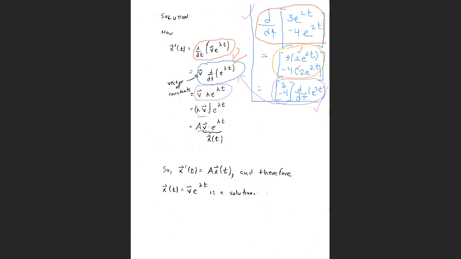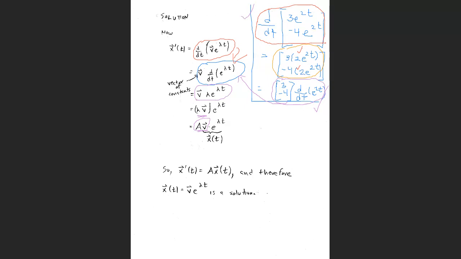Solomon was asking that. Why can I substitute A times v there? I just replace lambda v with the matrix A times v. Why can I do that?